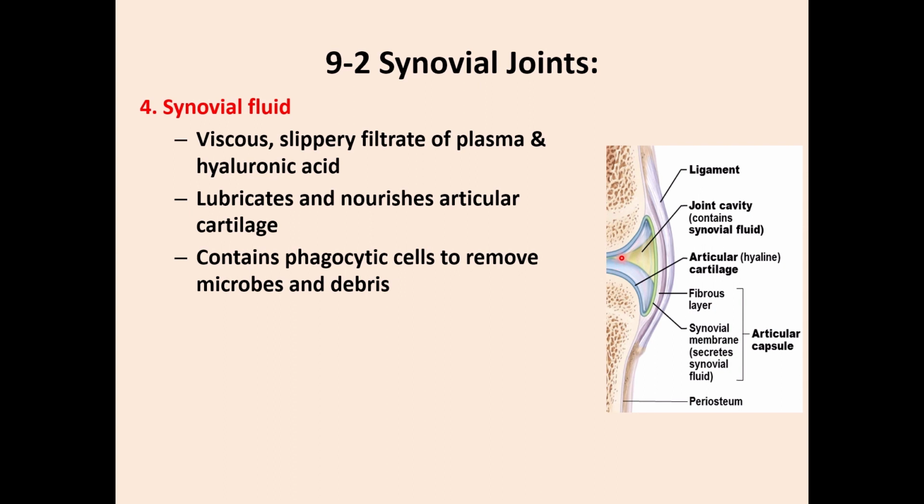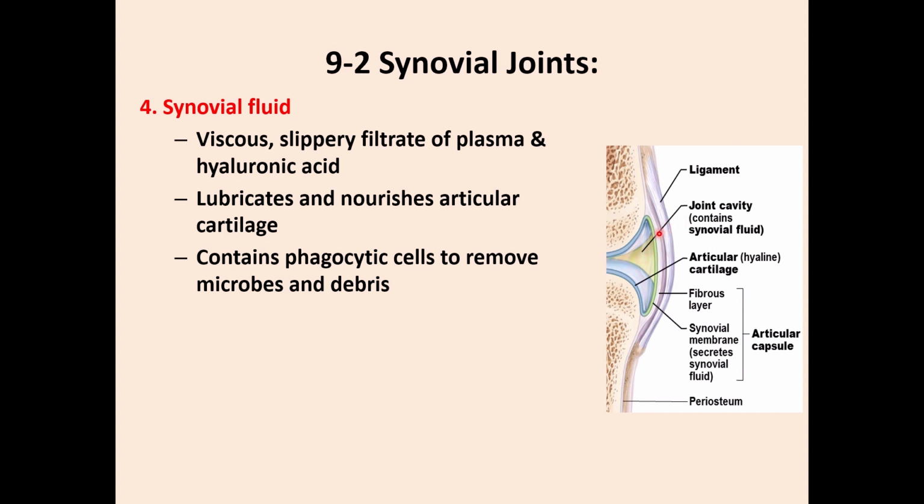Also, as you remember, the cartilage does not have blood vessels, so it gets its nutrients by diffusion. So the fluid here contains a lot of nutrients as well. And finally, there are some immune cells here.